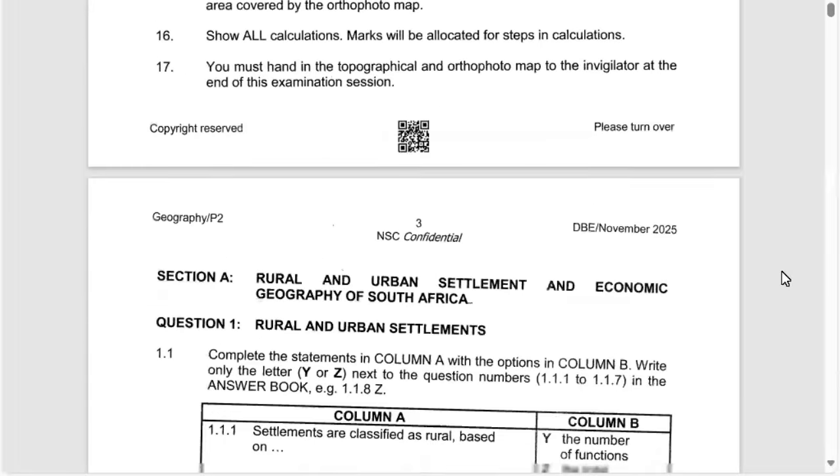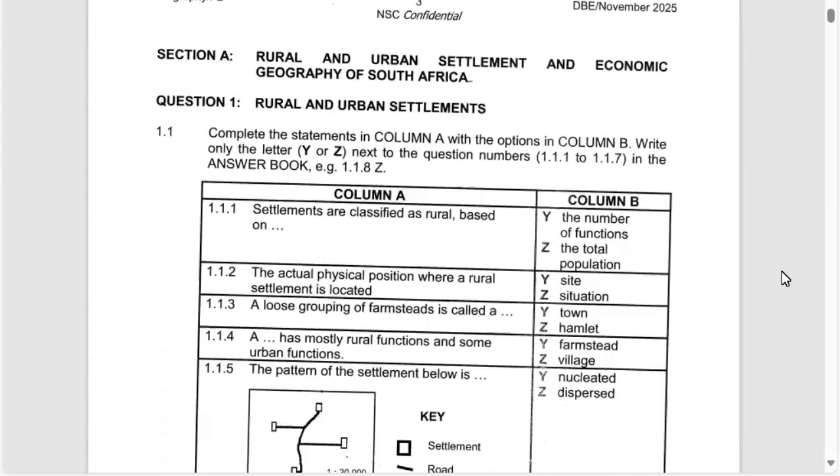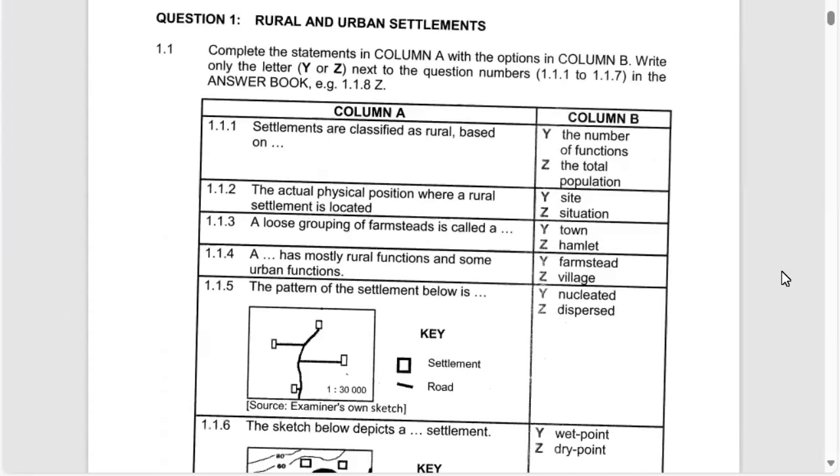Right, so we are taking you to the first question, which is on rural and urban settlement. The first question is a matching column question, question number 1.11. Settlements are classified as rural based on what criteria?